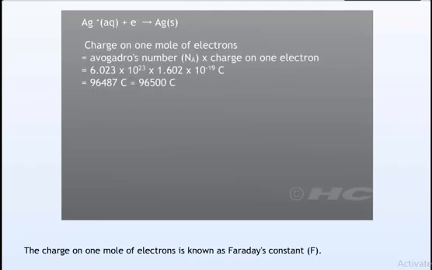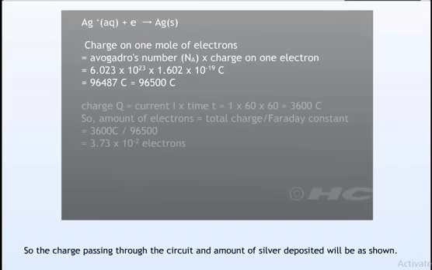Charge on 1 mole of electrons equals Avogadro's number, NA, times charge on 1 electron equals 6.023 × 10^23 × 1.602 × 10^-19 coulombs equals 96,487 coulombs. That is 96,500 coulombs equals Faraday's constant.